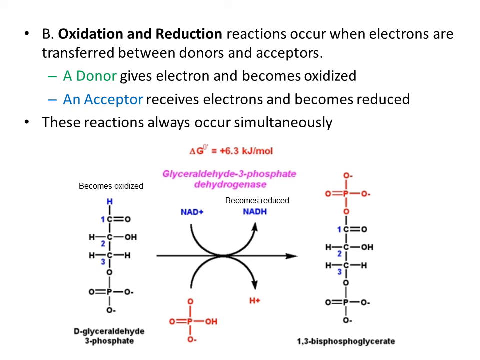It will receive the electrons and become reduced, therefore forming NADH. The product of glyceraldehyde 3-phosphate being converted is 1,3-bisphosphoglycerate. This is a redox reaction, and it must occur simultaneously.